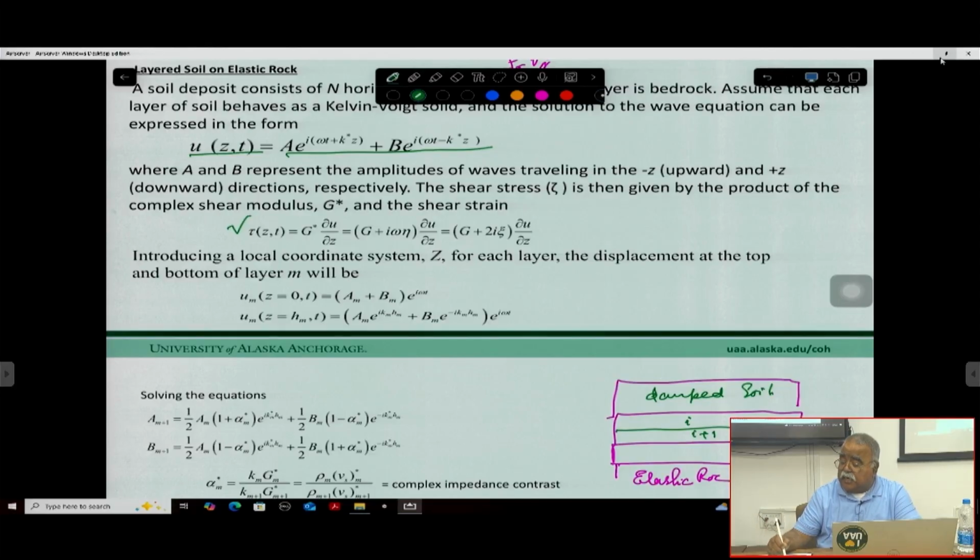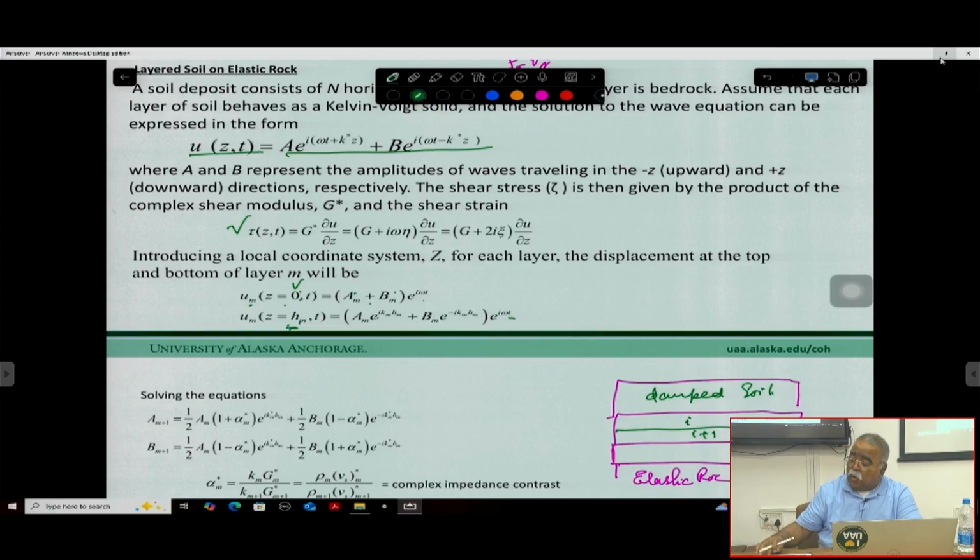And so at J equals to 0, and AN plus BN into this, and this is your M layer, and then J equals HM will be equal to this much, right?